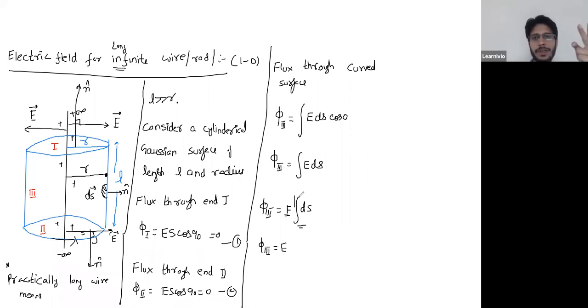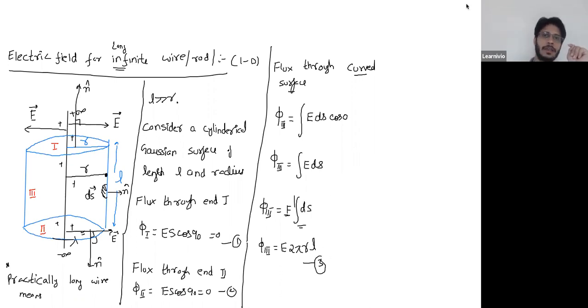We did two surface integrals, one for a sphere and another for a cylinder. If you integrate over the curved surface of a cylinder, you will get the curved surface area. What is the curved surface area of the cylinder? It is 2 pi r L. So if you integrate over the curved surface, you will get 2 pi r L.